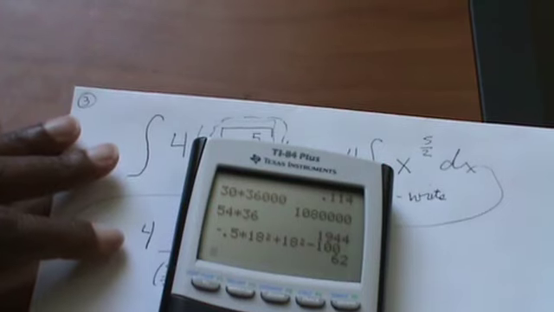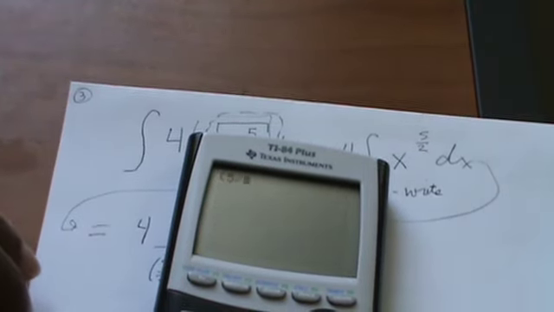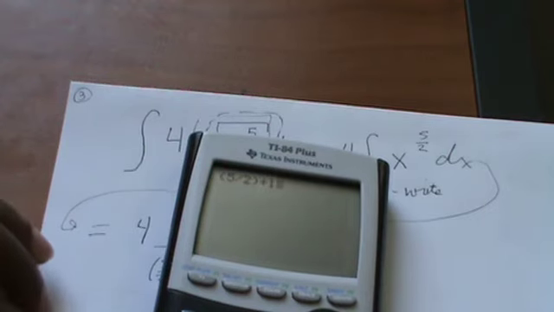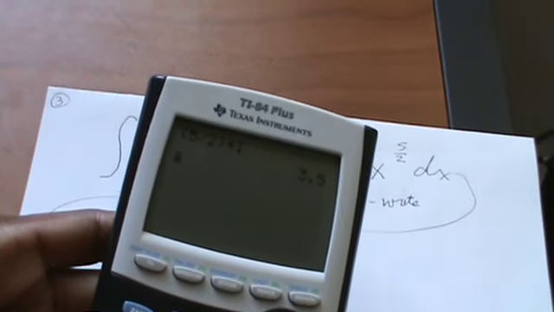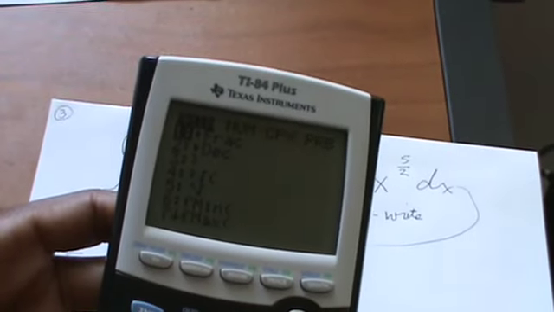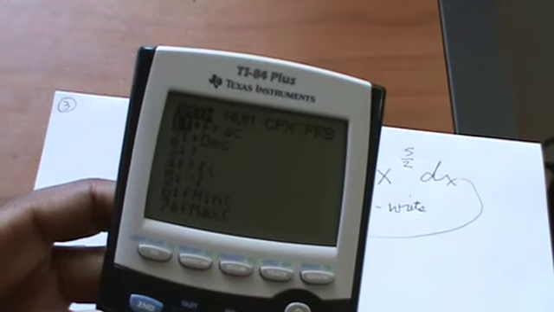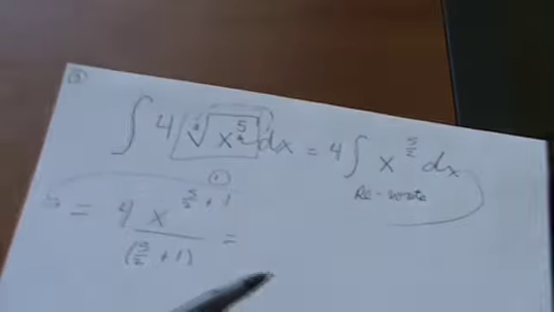As I mentioned earlier, you could just do it in your calculator. So parentheses, 5 divided by 2, close the parentheses off, plus 1. Press enter, and you go to math, M-A-T-H, right here, and just go to where it says FRAC, number 1, and it'll convert it for you, 7/2.